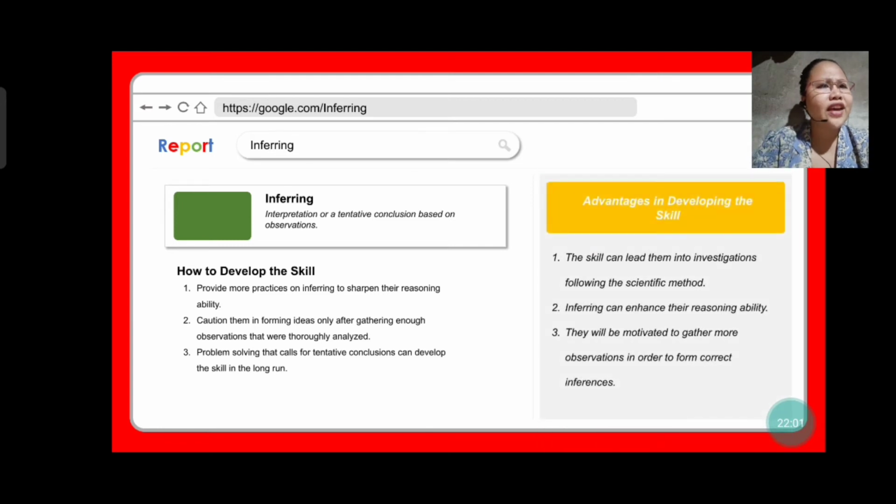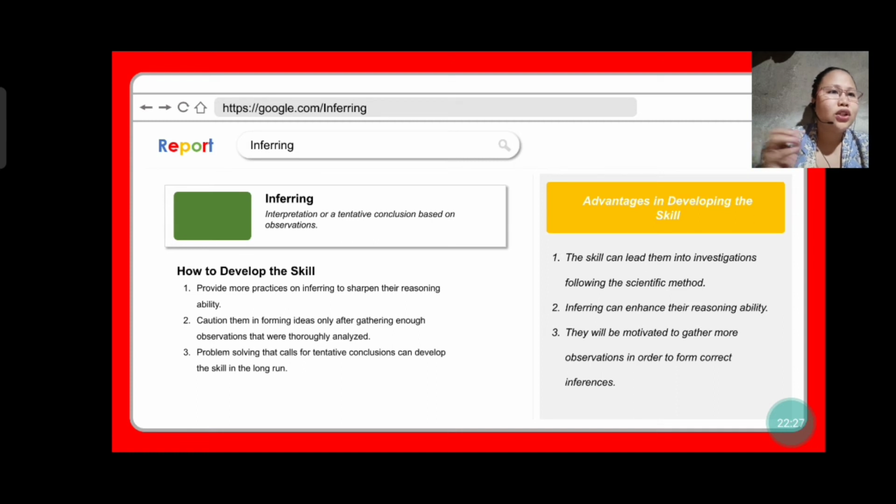So what are the advantages in developing the skill of inferring? First is that the skill can lead them into investigations following the scientific method. So of course, that skill of inferring interpretations or tentative conclusion, it can lead them. So now they have the tentative conclusion. It can lead them into investigations.